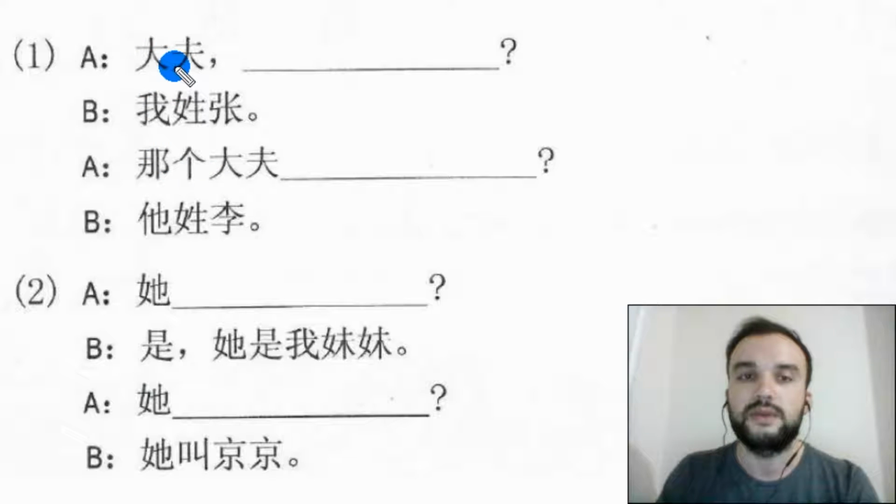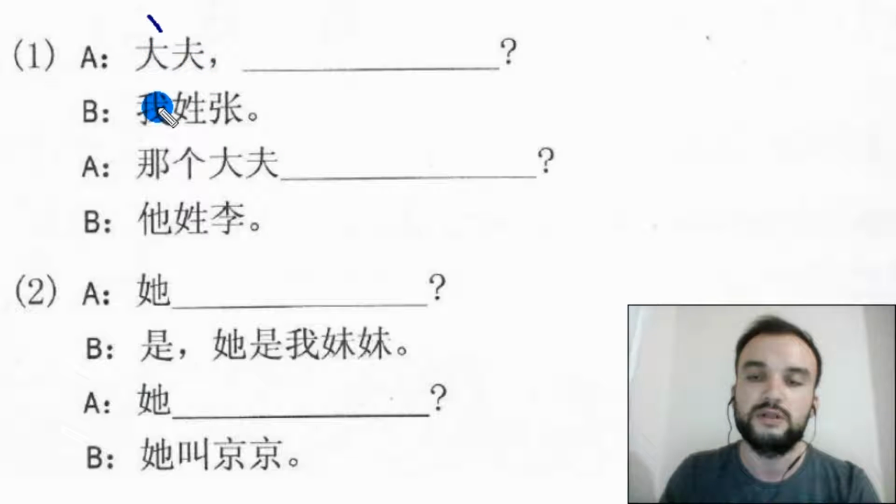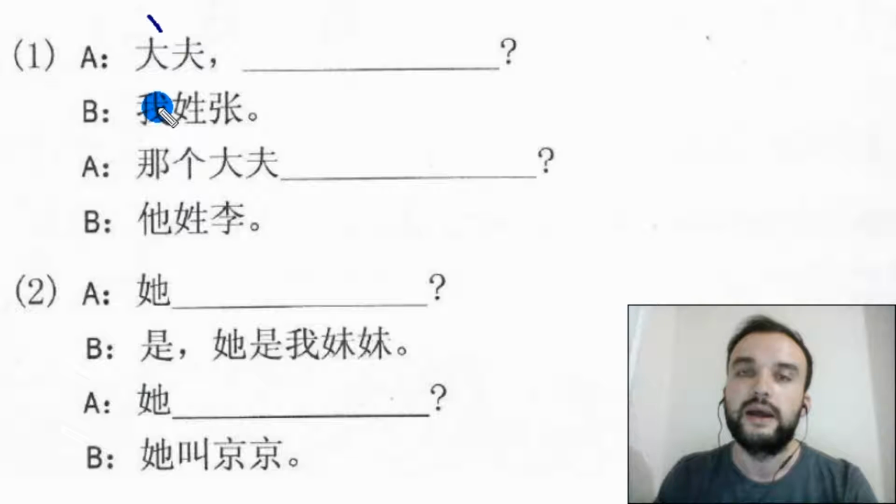Here, 大夫, 大夫, 大 is fourth tone. And first I will read, so you try to find which tone these characters have. Okay, here, 我, I think you all know 我's tone.